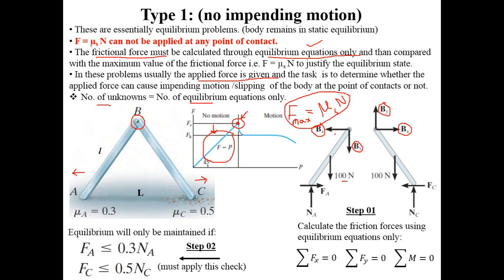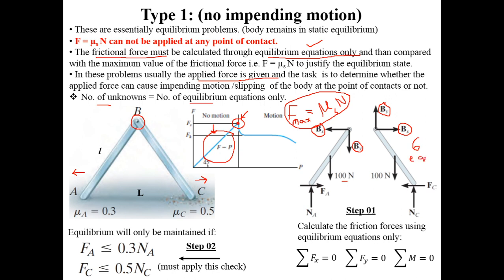And now we know that we have six unknowns: Bx, By, FA, NA, FC and NC. So we have six unknowns. And how many equilibrium equations do we have? Three equilibrium equations for this member, three equilibrium equations for this member. So we have a total of six equilibrium equations, purely equilibrium equations.